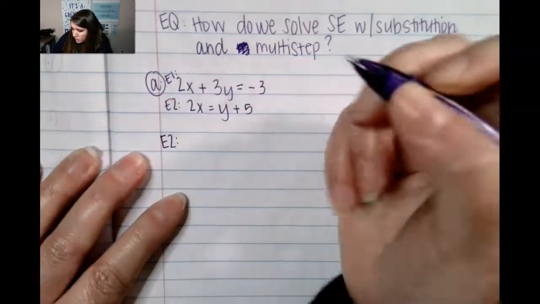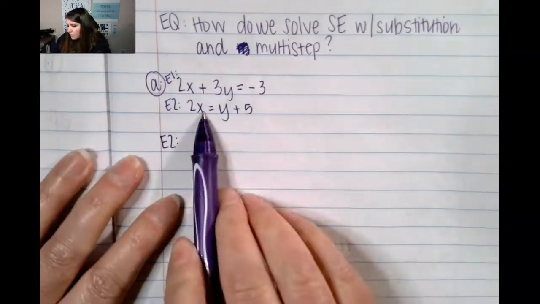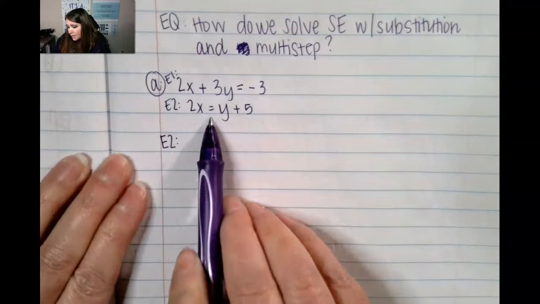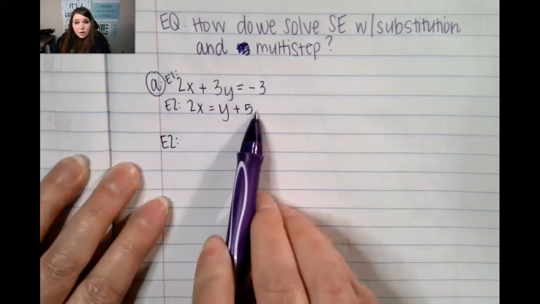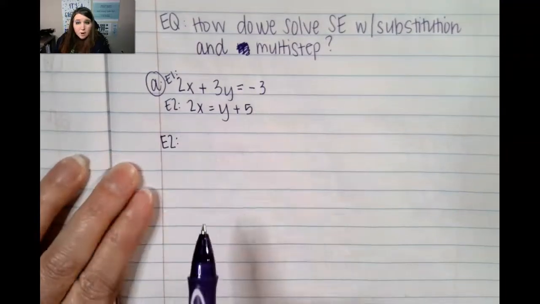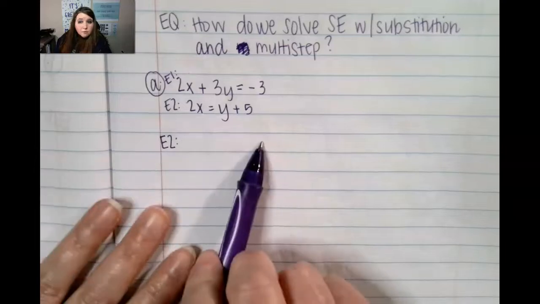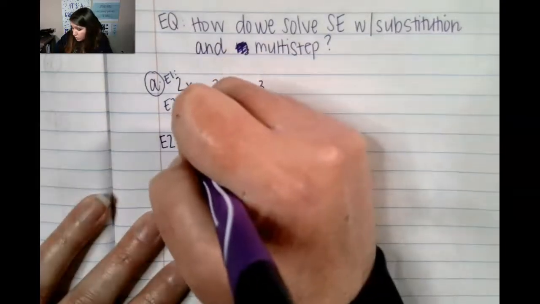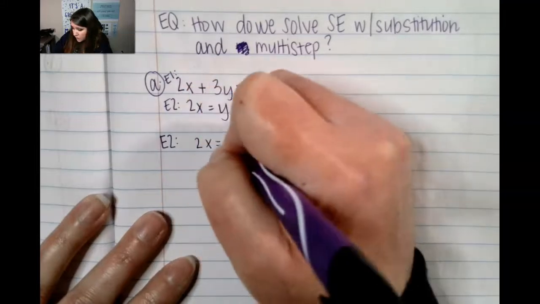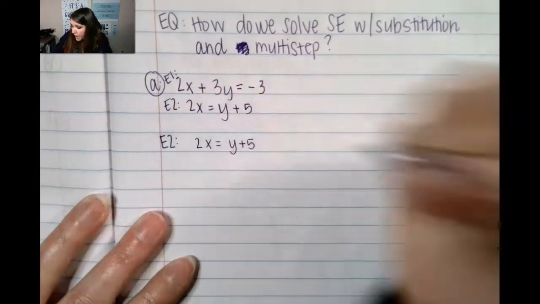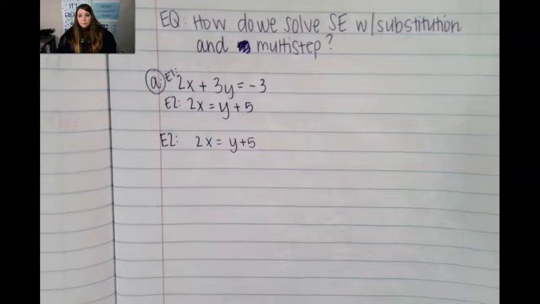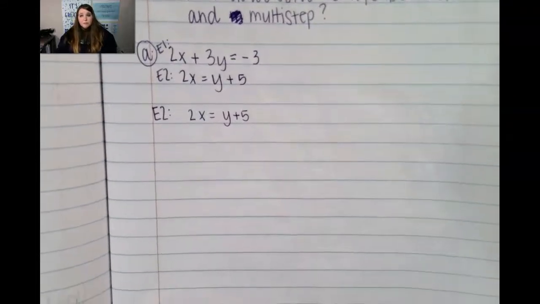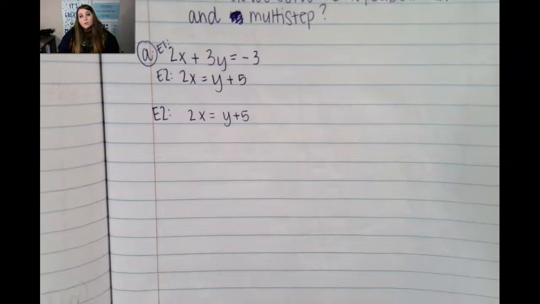And we are going to start with equation 2 because it already kind of says x equals, or we can just rearrange it so that it's y equals mx plus b. So right now we don't have y equals mx plus b, and we want to make that happen. So 2x equals y plus 5. When we look at this problem, we could solve for x or we could solve for y. It's totally your choice.